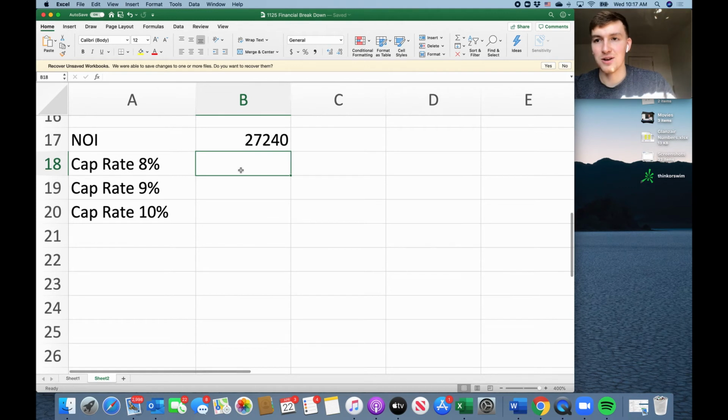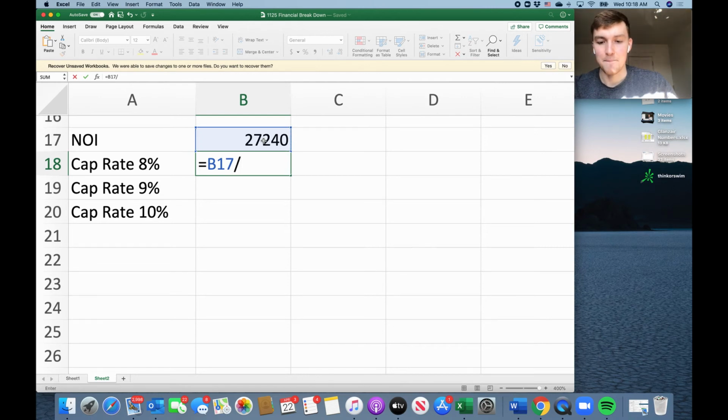Now, here's how you figure out the cap rate of your property. What you're going to do is take your net operating income and divide it by the percentage that you want to figure out. So if you want to figure out how much the house is worth at an 8% cap rate, you take your net operating income, 27,000, and divide it by 0.08, okay?